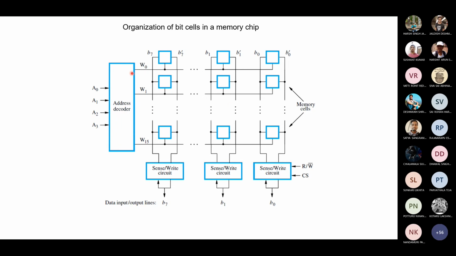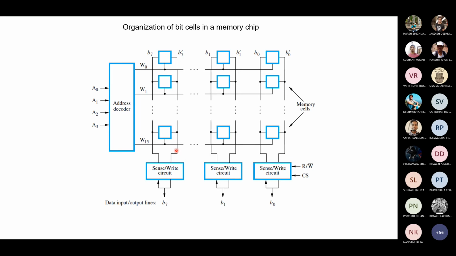And this line actually passes through. Now you put these cells. If you remember when we talked about the SRAM design, that one particular cell is supported by the original value as well as the complementary value, depending on whatever you require.